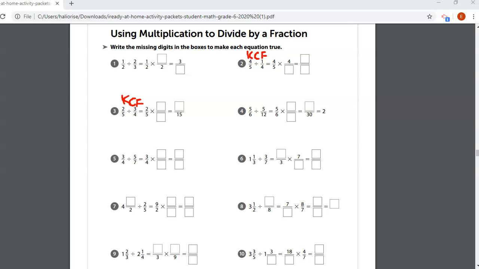You just have to look on the other side to know what the denominator will be, knowing that you had flipped this. So you're going to have to use some skills to notice what you are multiplying, what you are keeping, what you're changing, and what you're flipping in order to be able to do this.